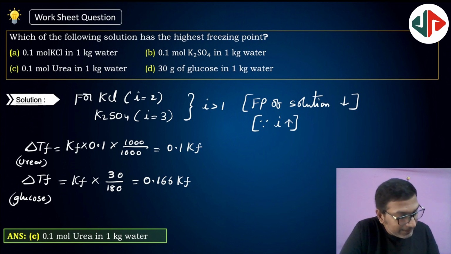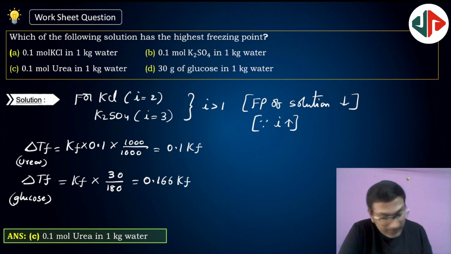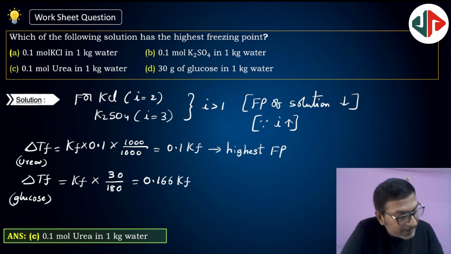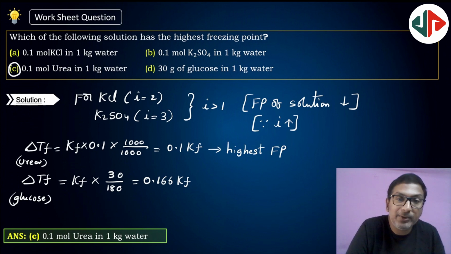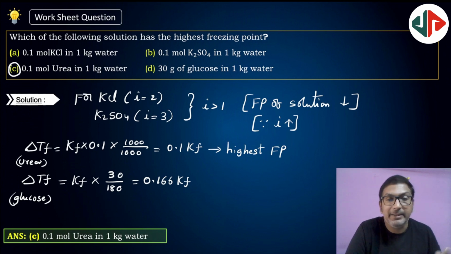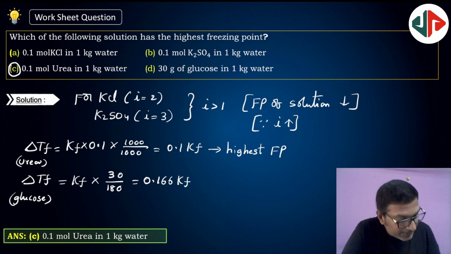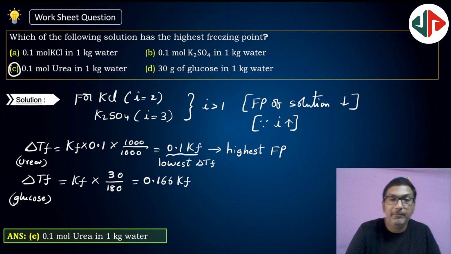So ΔTf is this one, 0.1 Kf. This is the highest freezing point. Therefore, option C. So the lowest ΔTf value means the freezing point of the solution will be highest. This is the lowest value. Lowest ΔTf means highest freezing point.